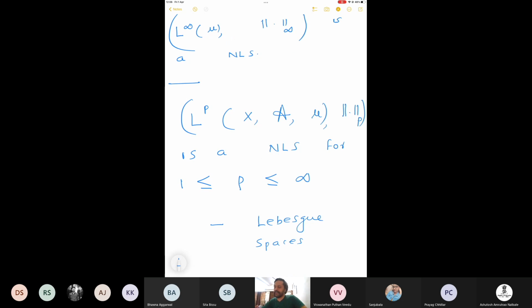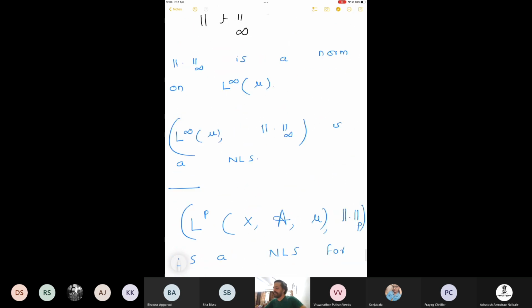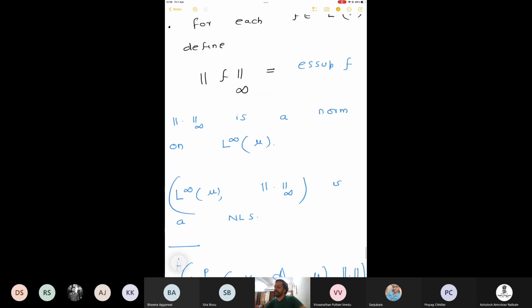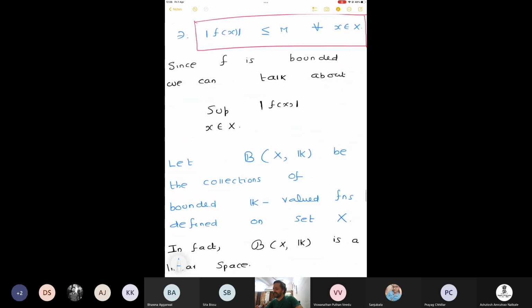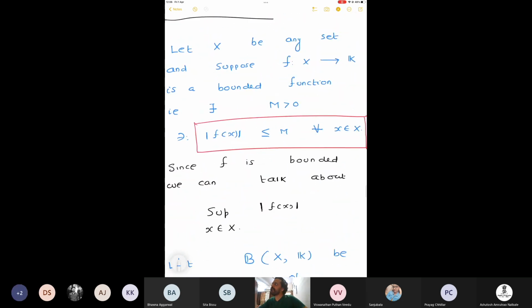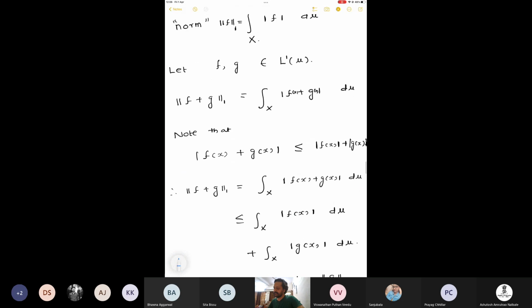It is not like with other p. L infinity is defined as the collection of all essentially bounded functions. And norm infinity is defined as the essential supremum of f. But for other p's, the definition goes like the p-th power integral is finite. That's the definition of L p, and the norm is defined as this quantity.